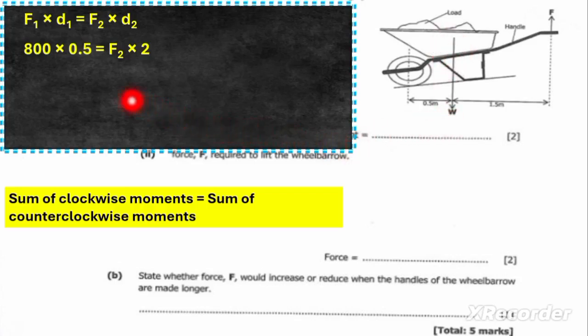Then the anticlockwise moment, or counterclockwise moment, is this force times the distance between the pivot and the handle. So the distance between this pivot and the handle, we are going to say 0.5 meters plus 1.5 meters, we are going to get 2 meters.